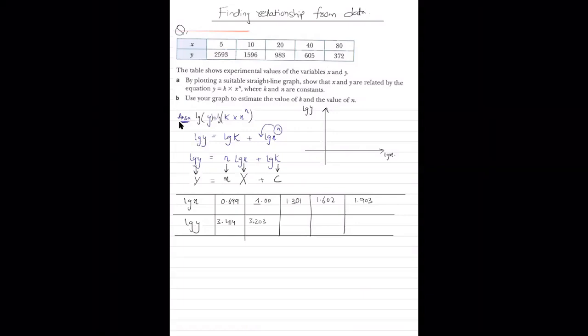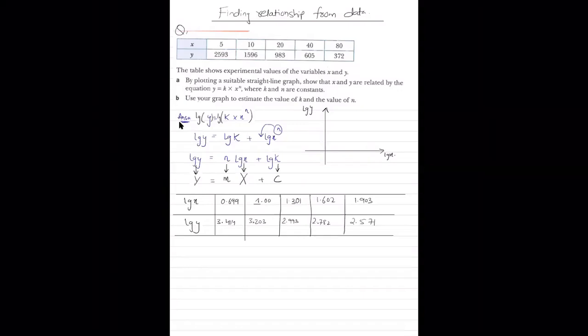Then 2.992. Then 2.782. And 2.571. Okay, great. So you have these values.